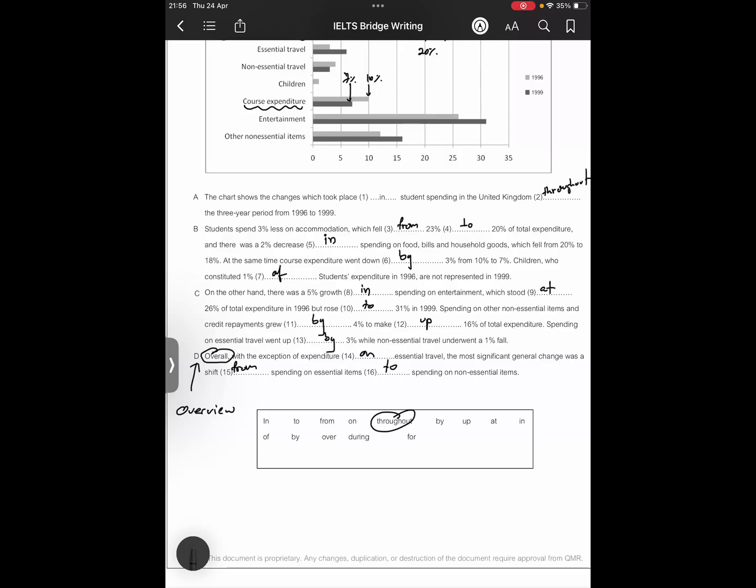But of course, there are some exceptions, like it's mentioned here: with the exception of expenditure on essential travel, the most significant change was a shift. So that means essential travel was the only essential expenditure that actually went... what is it? Expenditure on essential. Okay, where is essential? Let's see.